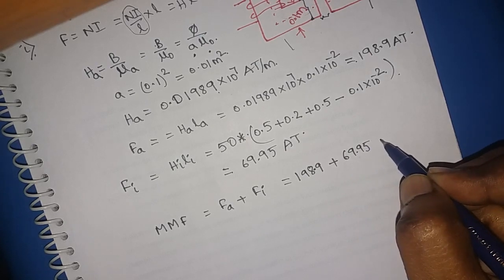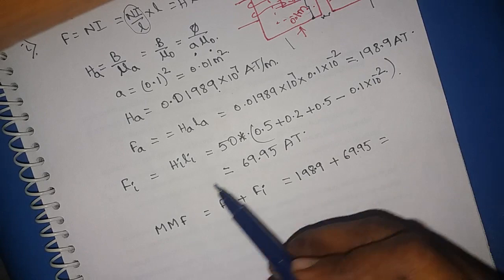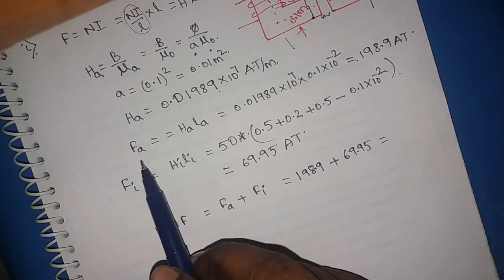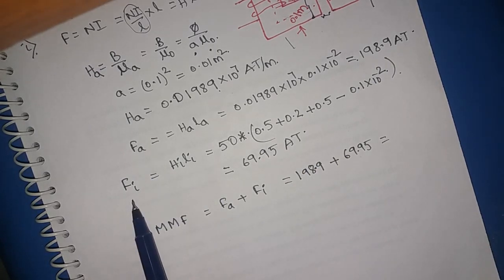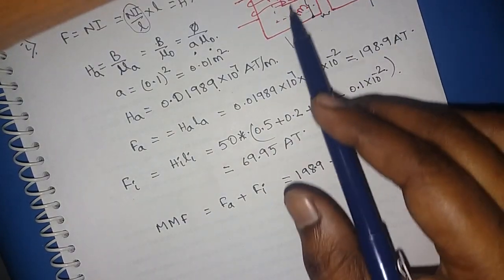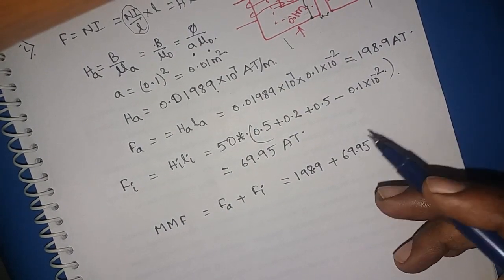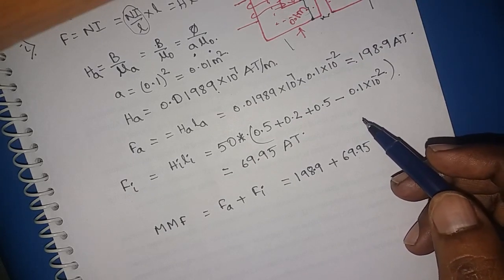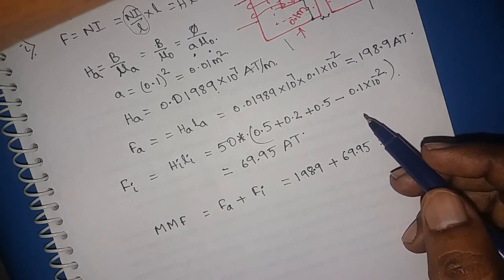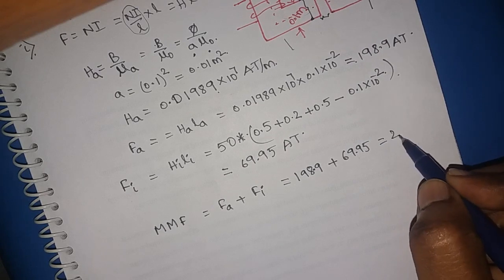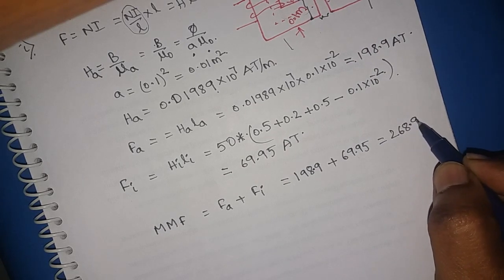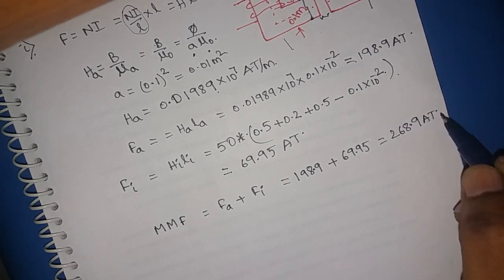That means the air gap requires a larger MMF than the core; much of the MMF drops across the air gap. If you add these two, you will get 268.9 ampere turns.